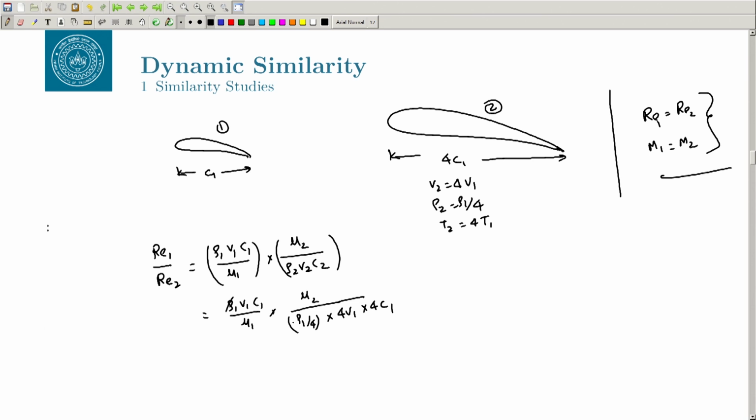So the rho 1 cancels out, V1 cancels out, this 4 cancels out, and then you will have mu 2 by 4 mu 1. So, this is the ratio between RE1 and RE2.